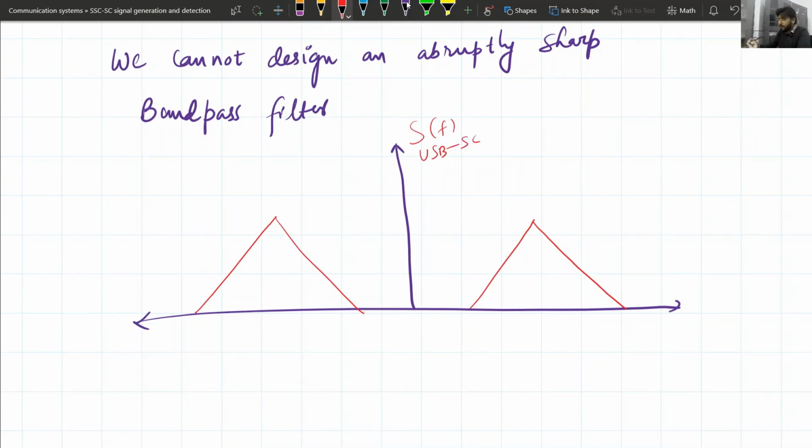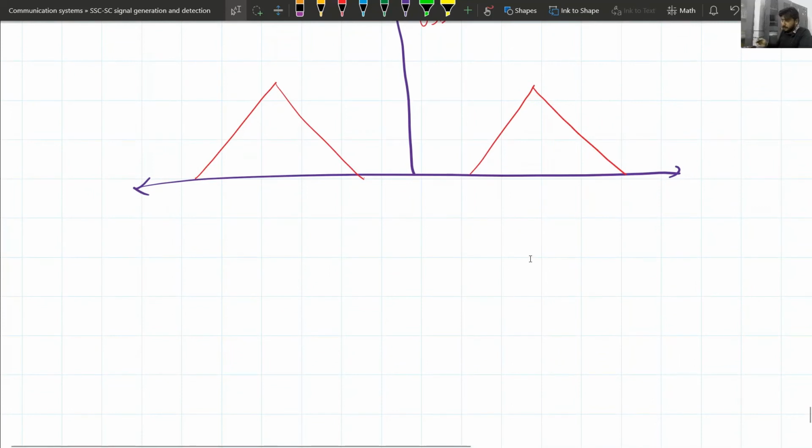Then we would require a band pass filter that would only pass the upper sideband of the signal. Before that, let me have a brief discussion on the band pass filter.